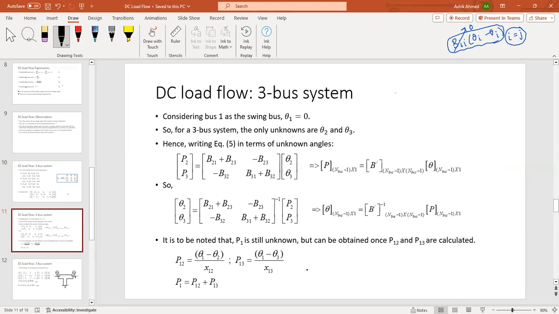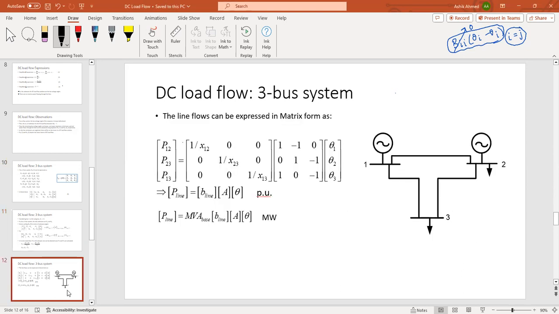So we can find out P12 and P13. Once we know P12 and P13, that will help us to find out P1. So let us apply this knowledge to a problem with some given data, and see how we can solve a DC load flow problem.